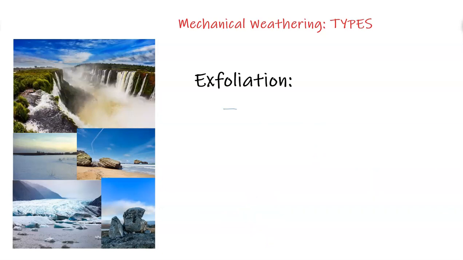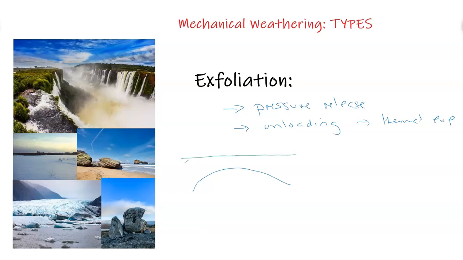Exfoliation is another type, and this is to do with pressure release, or what we call unloading, which is also to do with thermal expansion. Now, this is where you have a rock, and there was originally a surface layer of rocks, bedrock, and soil.